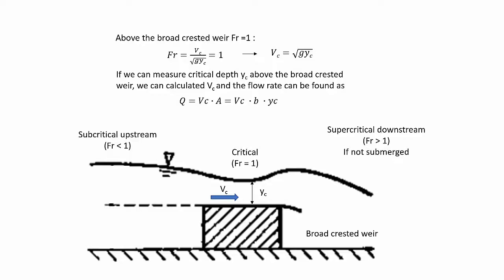The flow stream above the weir is actually in critical state, with the Froude number equal to 1. The depth of the water measured above the broad-crest weir gives the critical depth, Yc. According to the Froude number equation, the relationship between critical velocity Vc and the critical depth Yc can be set as Vc over square root of g Yc, which equals 1. And we can get Vc equals square root of g Yc.